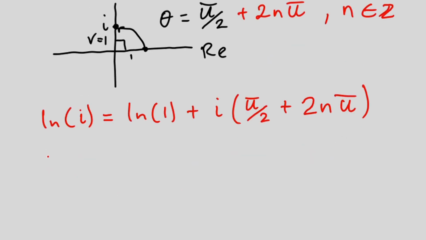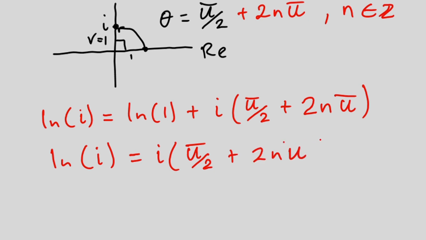Great. So we have ln of i is equal to, now the whole of this one will give us 0, then plus what we have here. So let me keep this one here. i times pi divided by 2 plus 2n pi. So basically, this is the equation that we have for ln of i.